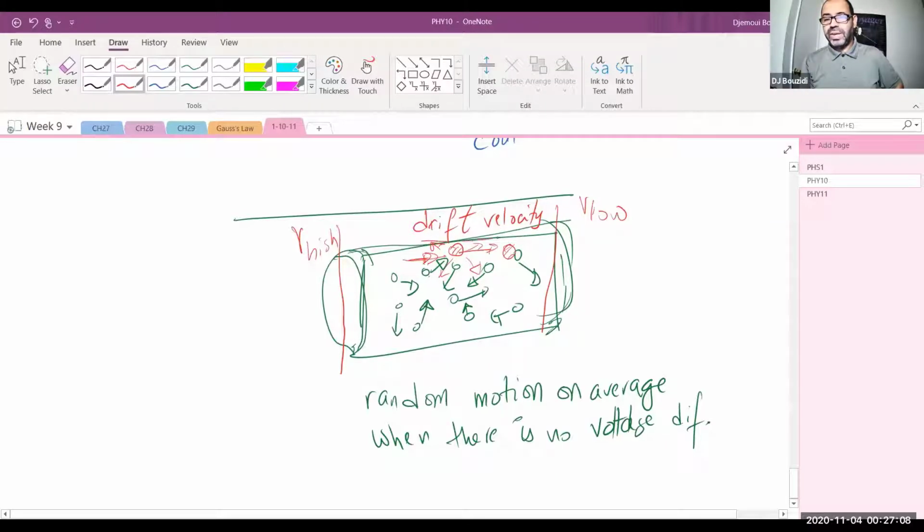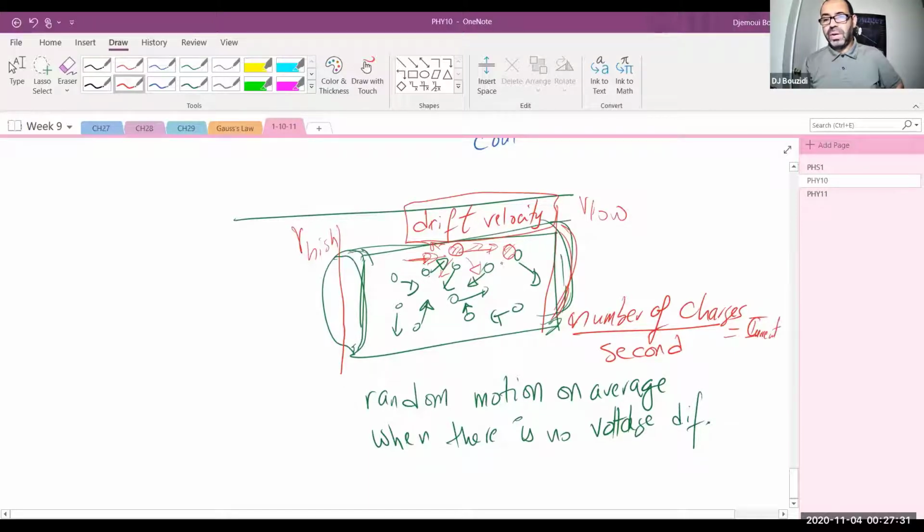So the drift with which they move is actually the current in here. The rate at which charges pass, the number of charges that pass every second on the other side, is by definition what the current is.